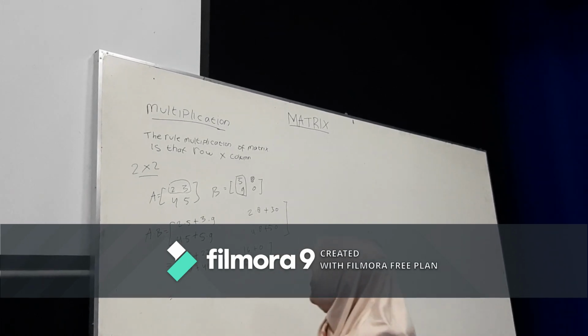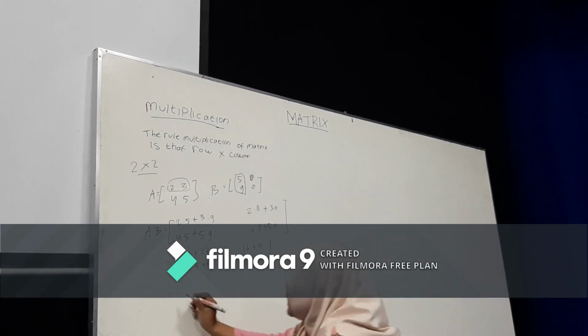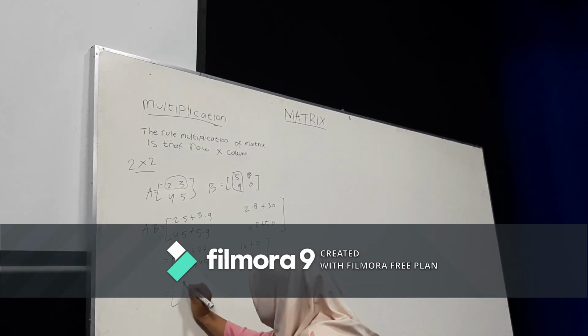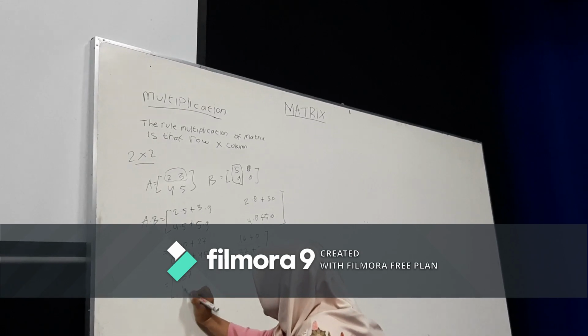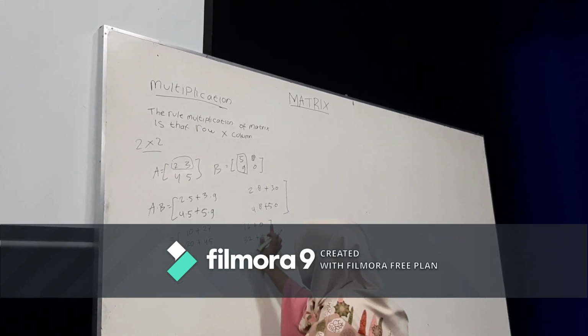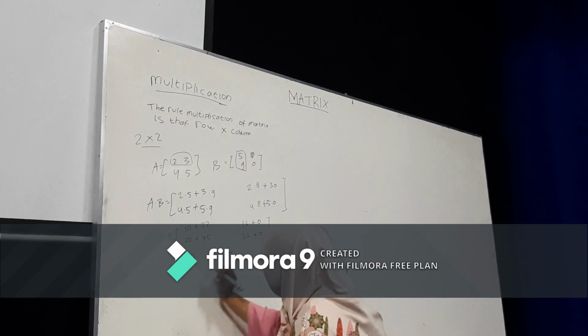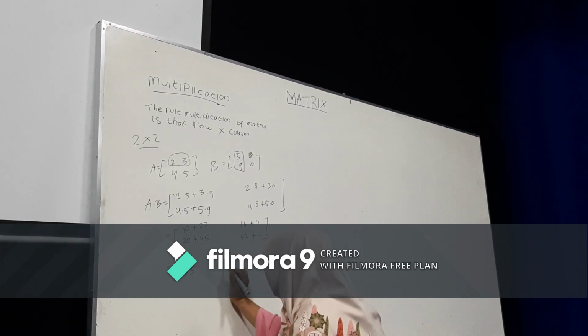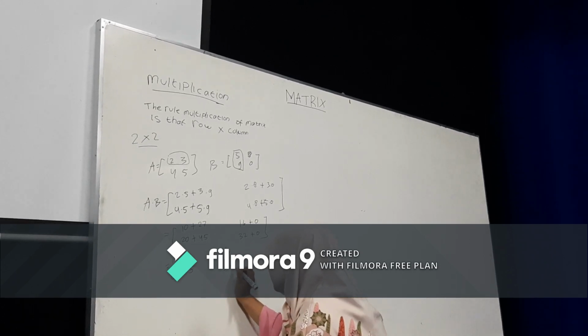So the result of A times B is equal to open bracket 37 and 16, 65 and 32.